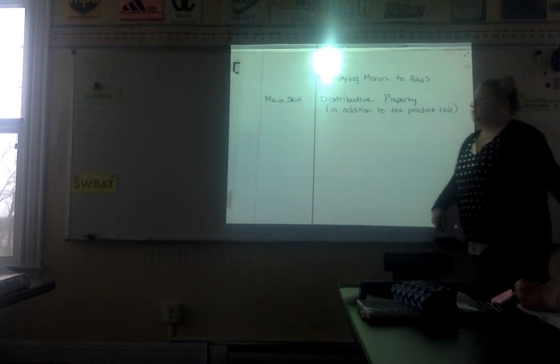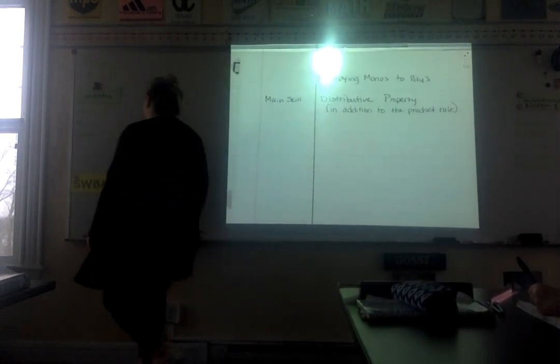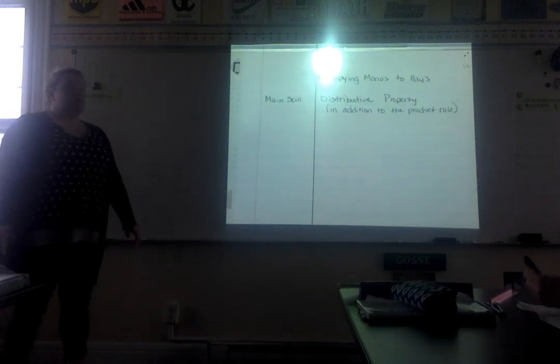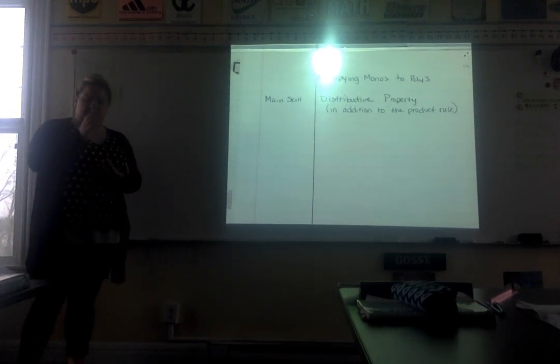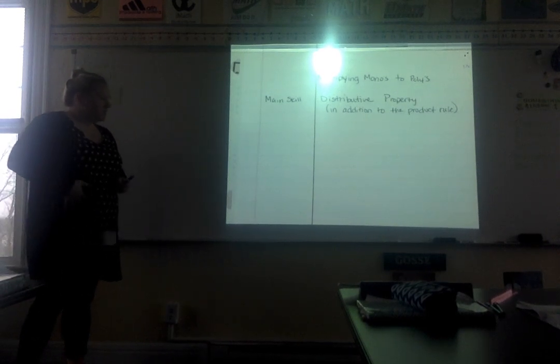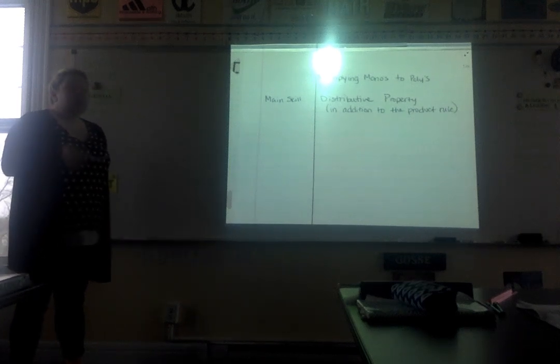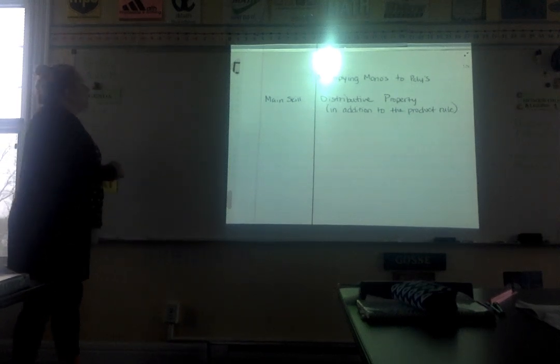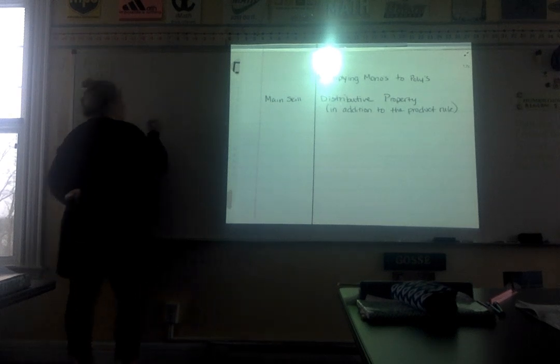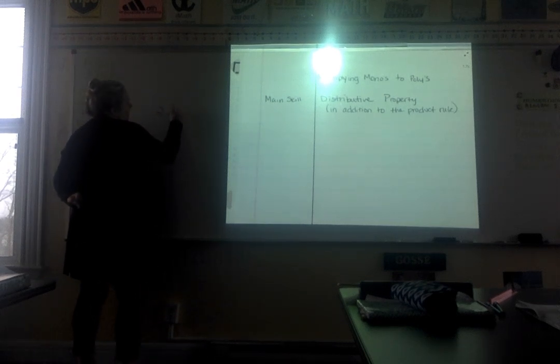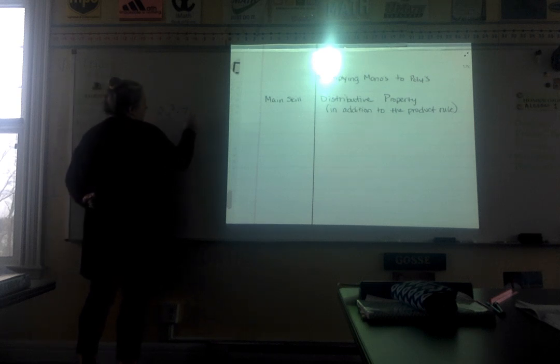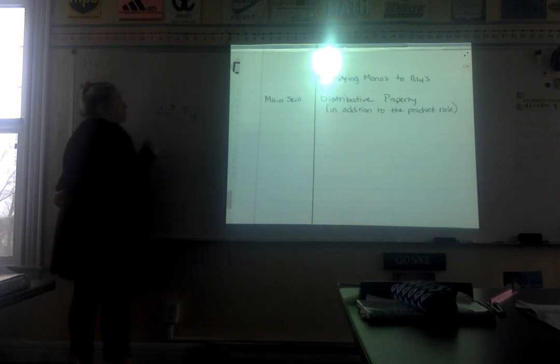So not in your notes, we're going to do an example of the product rule here. This you do not have to write down. We have 2y cubed times, we'll do 7y to the 7th, okay?